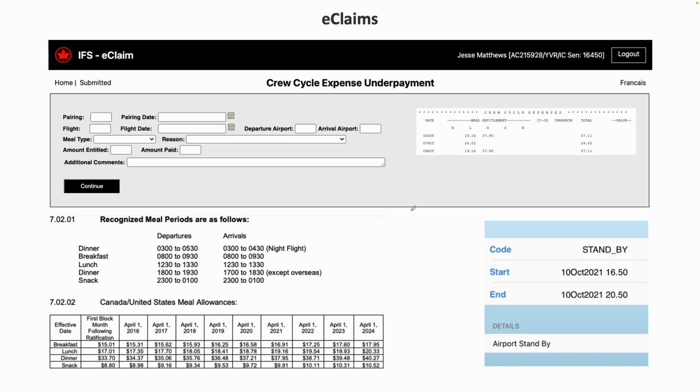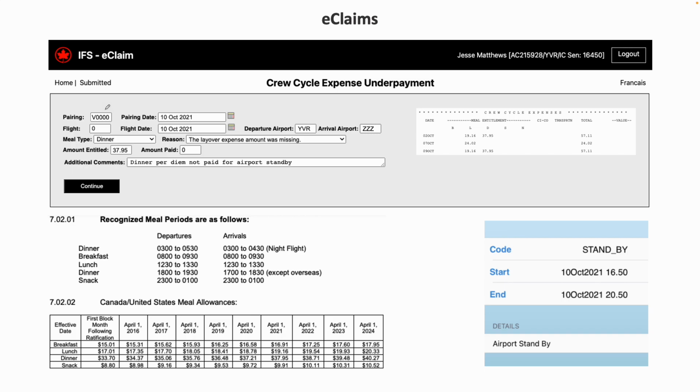If I want to make an eClaim for an airport standby, this is all fairly straightforward. The only thing of note, pairing and pairing date are not required because airport standbys don't have a pairing number or pairing date associated with them. So you don't have to put this in.